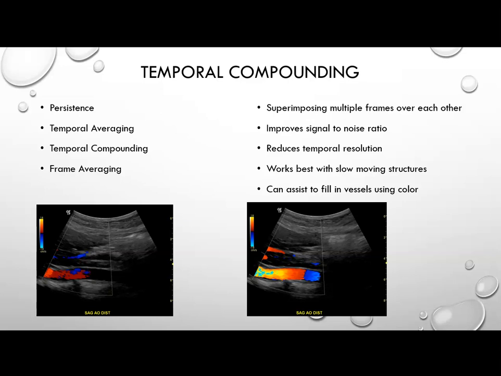And what it does is it improves our signal-to-noise ratio. If you want to know how much it improves the signal-to-noise ratio, it improves by the square root of the number of frames. So the signal-to-noise is improved by the square root of n.